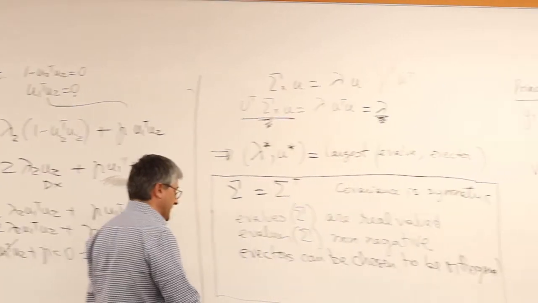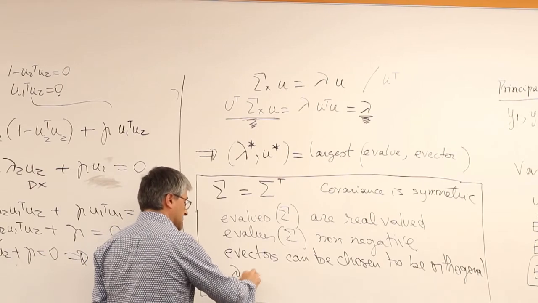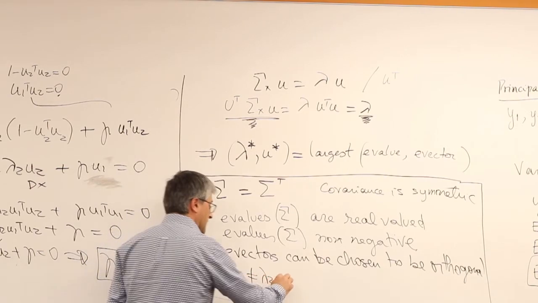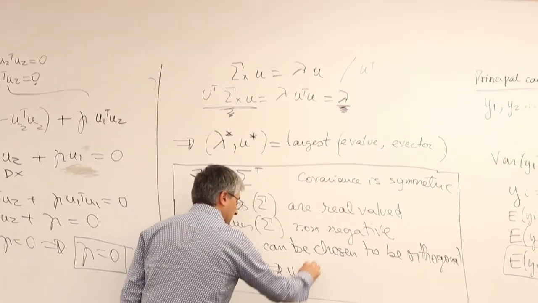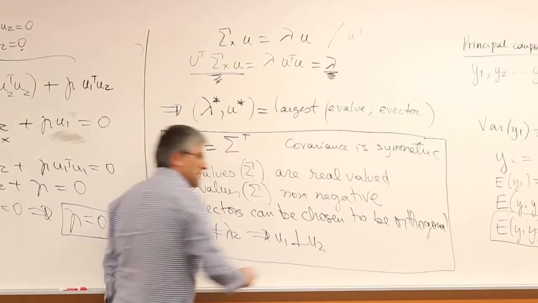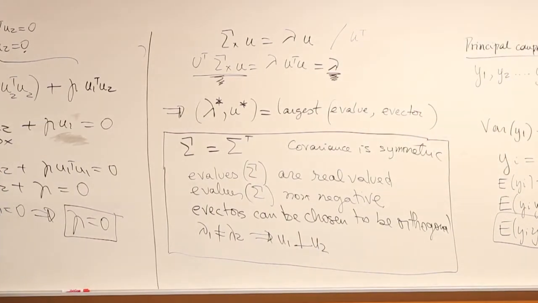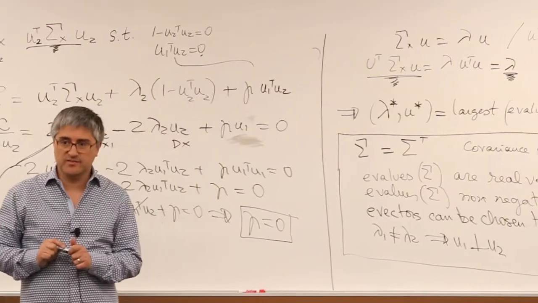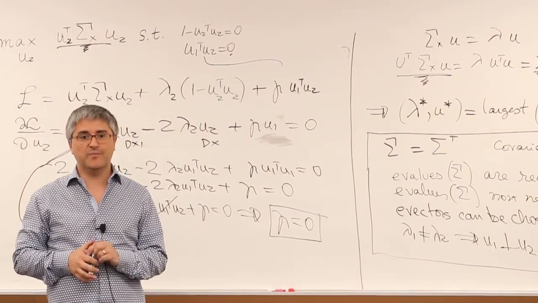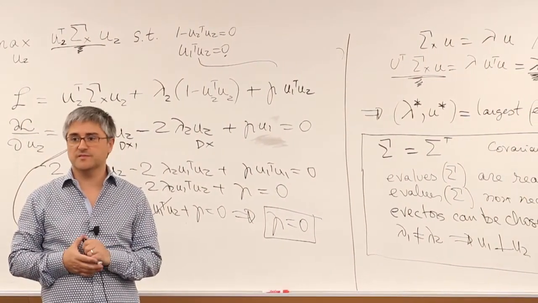In general, but in fact, if lambda 1 is different from lambda 2, then U1 has to be orthogonal to U2. If the eigenvalues are distinct, the eigenvectors have to be perpendicular. That's a particular property of symmetric matrices.